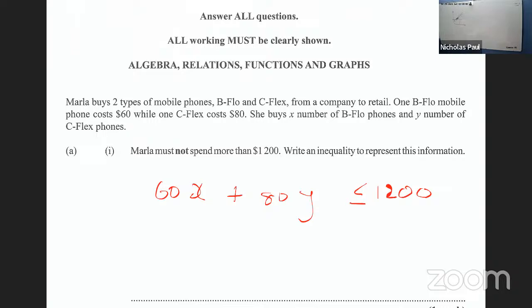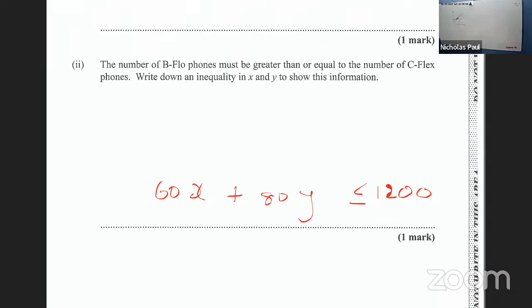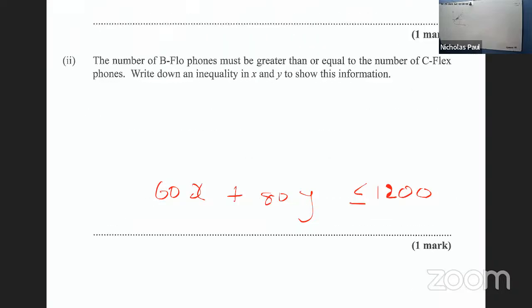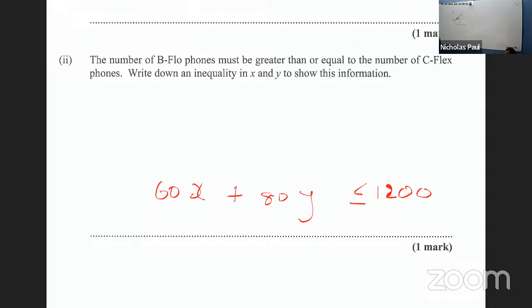Next one is your turn. Take a little read, and Jeremy will tell us what the inequality is.